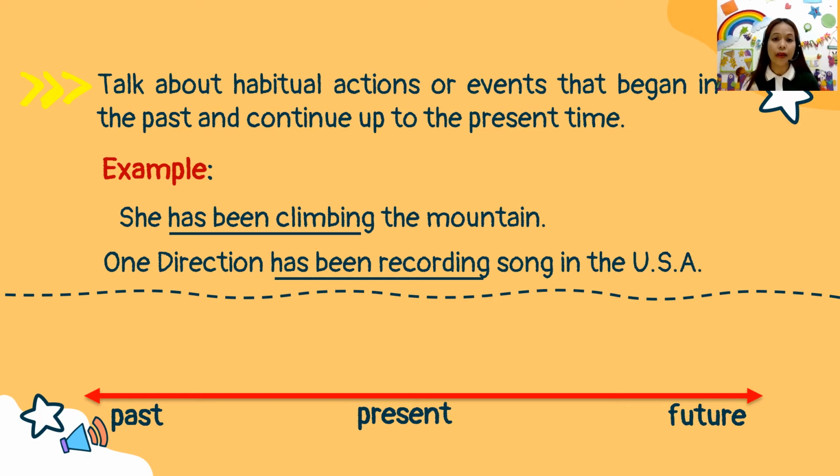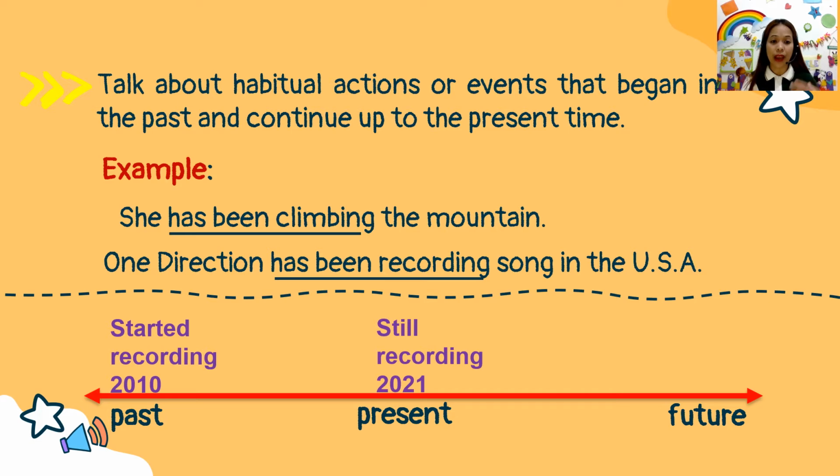All right. So let's say in the second example, One Direction started recording, let's say in 2010, right? So it has been 10 years. And now it's 2021, they are still recording songs. So the action from the past continues to the present and it became habitual, right?